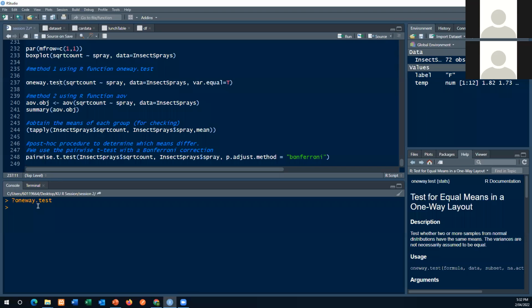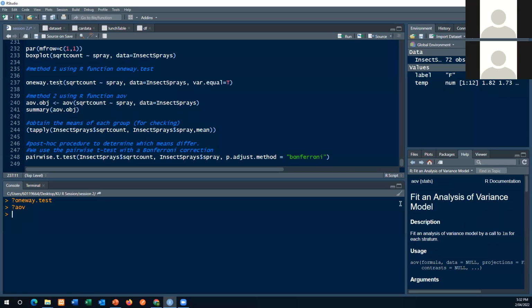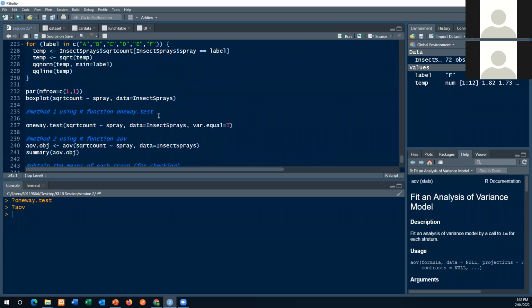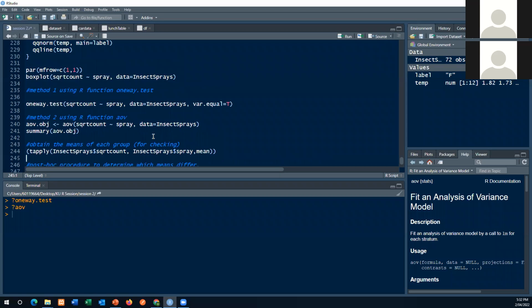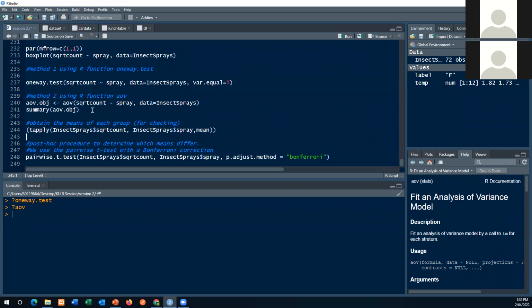Or there is another function called aov, analysis of variance, which is the ANOVA model. There are 2 ways, and actually there is a third way, a regression model. I didn't put it here just for simplicity, only the 2 methods.